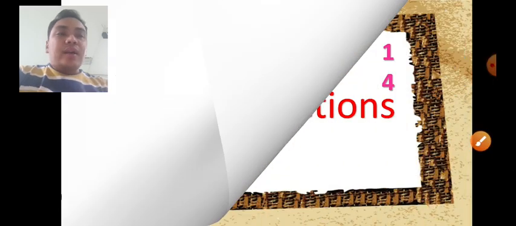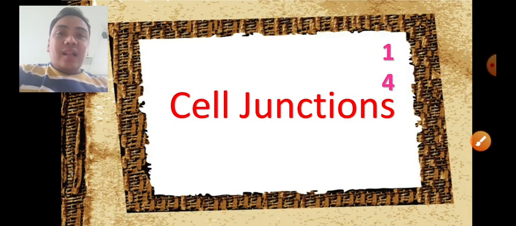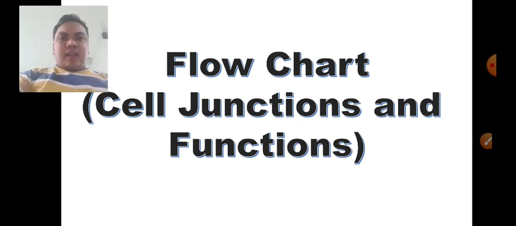So in our lesson, we have the cell junctions. In this case, we will use a flowchart so that we can visualize the organization of the cell junctions along with their major functions.